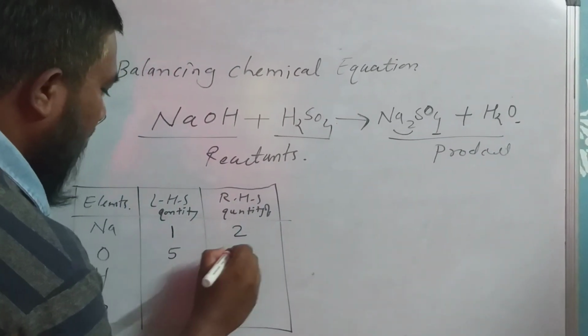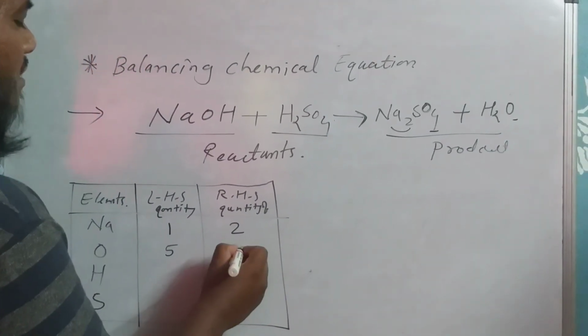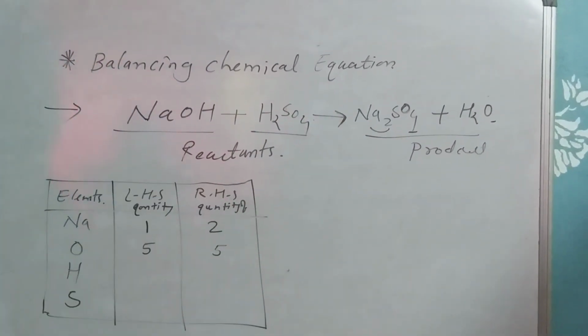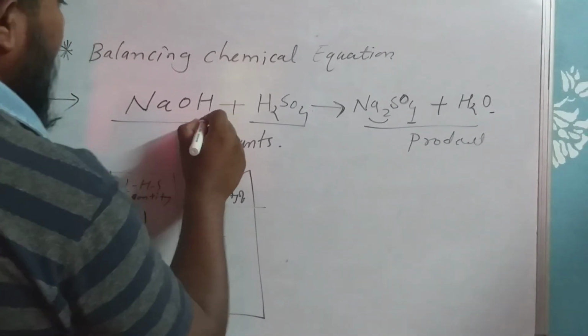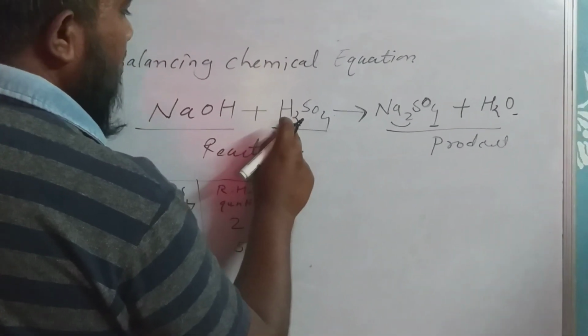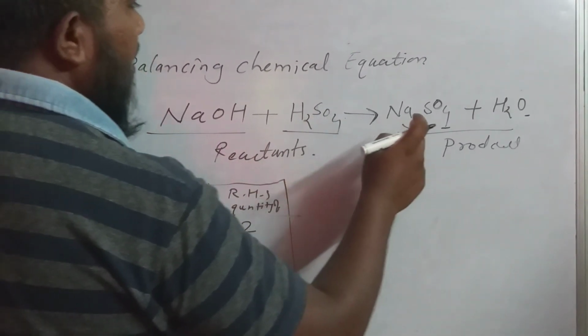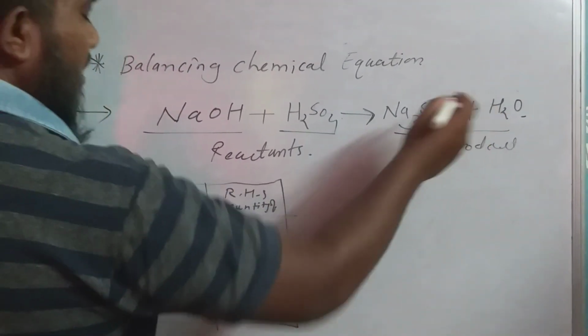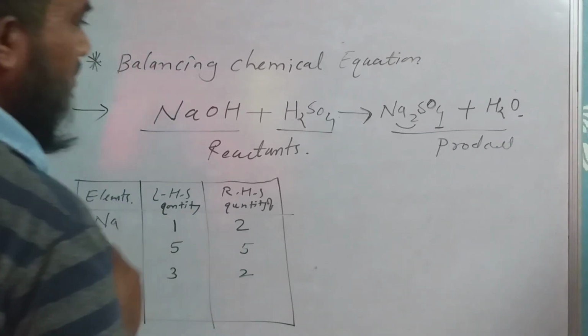Now this is also 5. Now oxygen is totally balanced in this reaction. Now we can see hydrogen: 1 hydrogen plus this 2 becomes 3, so on the left hand side 3 hydrogens are there, and on the right hand side only 2 hydrogens are there.